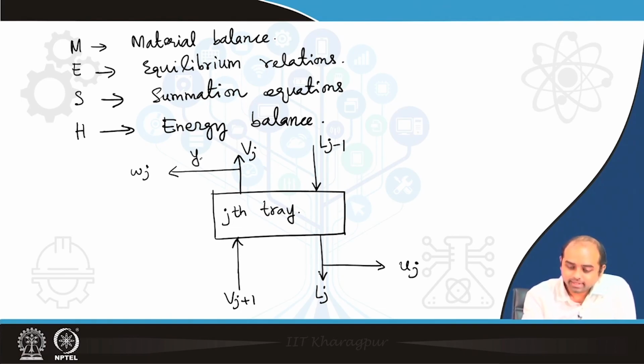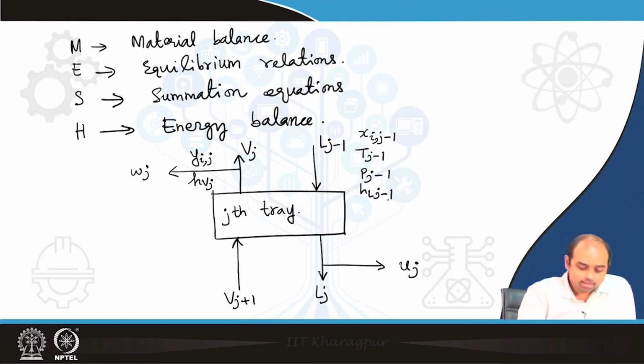So this is y i comma j, and we also have hvj. This is for the vapor stream, and y i j is the vapor phase composition. For the liquid entering from above, the compositions are x. This is the ith component at the j minus 1 stage. Please always note the index very carefully, and we have HL j minus 1.